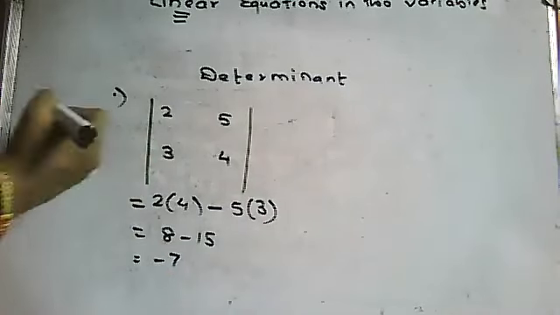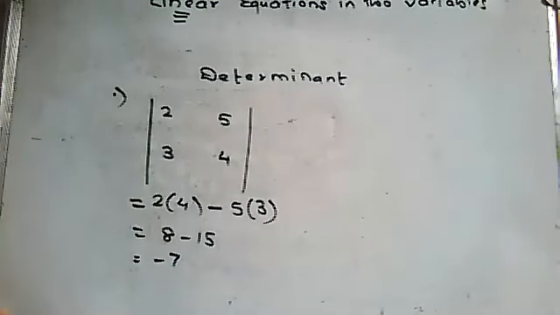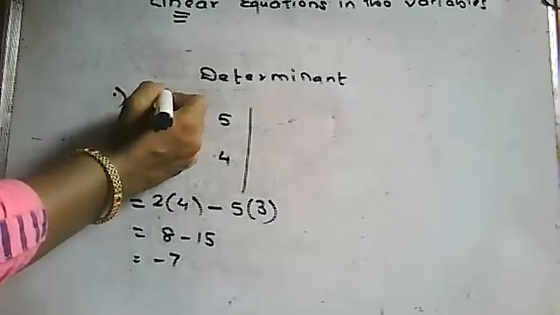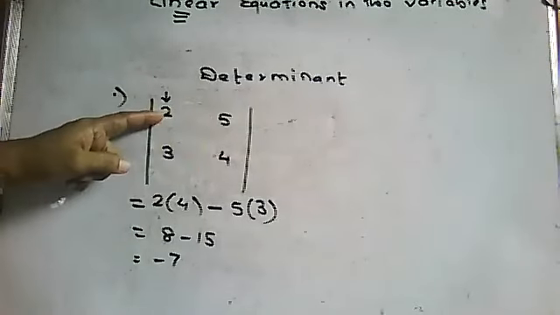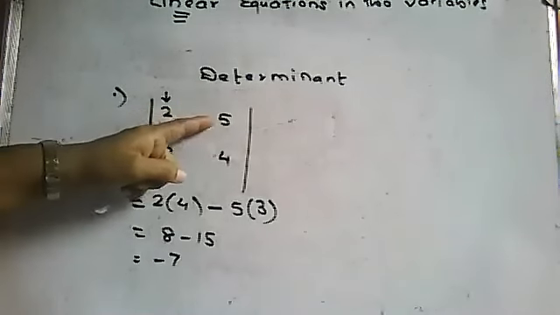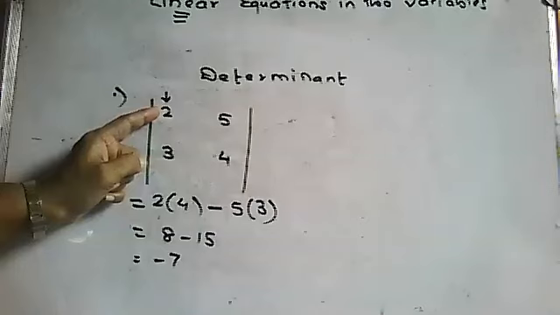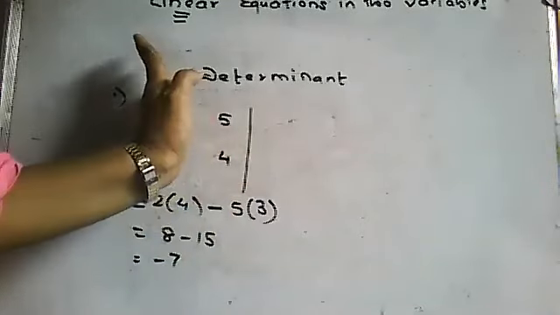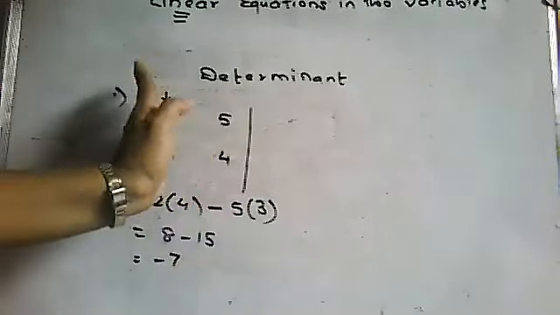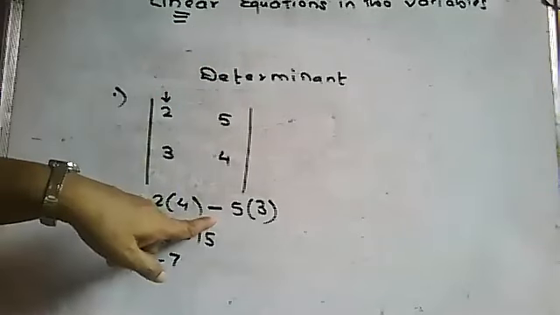No. The only thing you have to remember is you will start from here only. You won't start with this. You will start with the first row, first column number. This way cross multiplication, and minus.